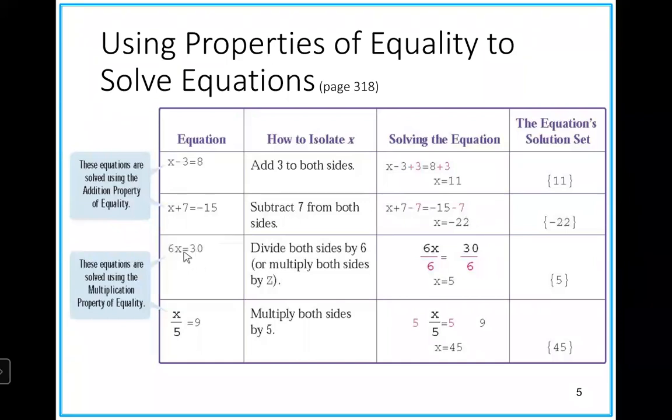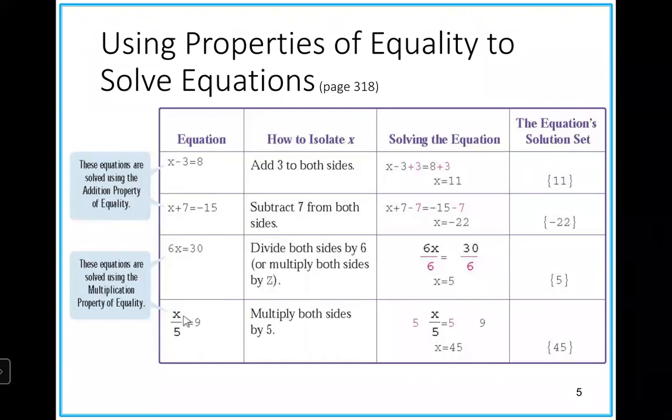And likewise with multiplication, if you have 6x equals 30, the opposite would be to divide by 6. Once you divide both sides by 6, it doesn't change the equality. So you end up with x equals 5 in this case.